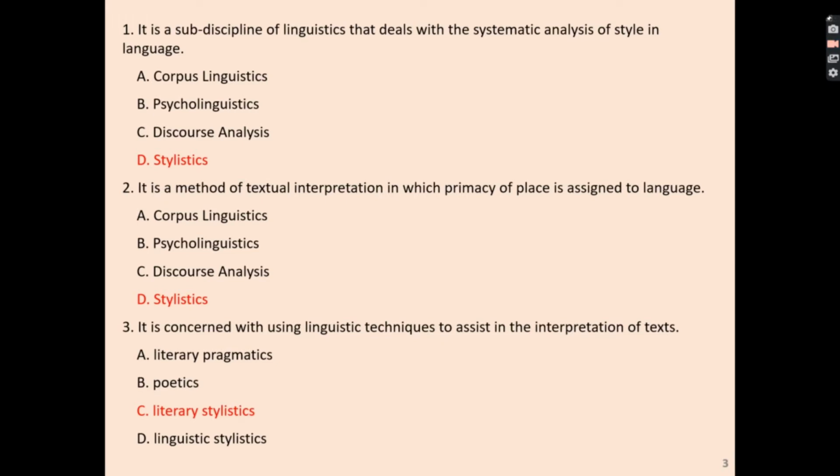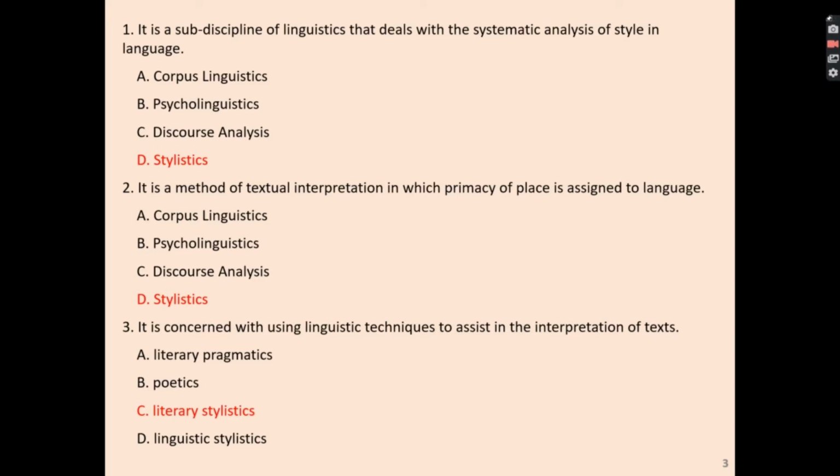The third one, it is concerned with using linguistic techniques to assist in the interpretation of text. Take note, there is an assistance in order for us to interpret the text, and that is what the core of literary stylistics is all about. Literary stylistics allows us to use linguistic techniques, for example, stylistic devices, or we are going to look into the violation of the author in terms of grammar, in terms of sound.